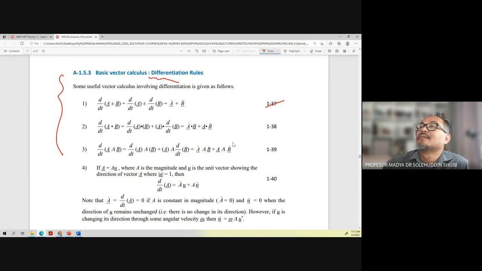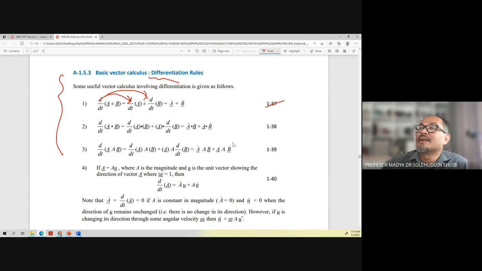So we're going to have differentiate A plus B. We do one by one, right? We differentiate A first, and then we differentiate B. Plus and minus.